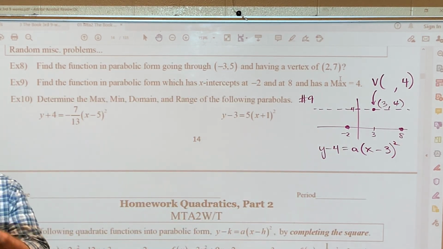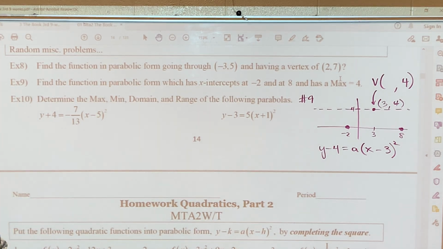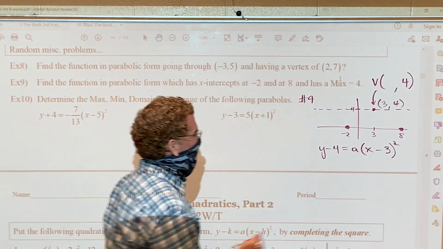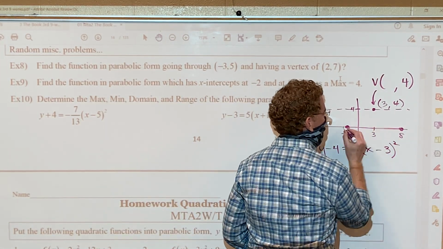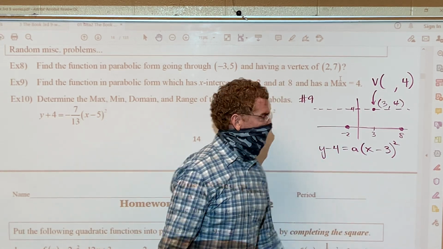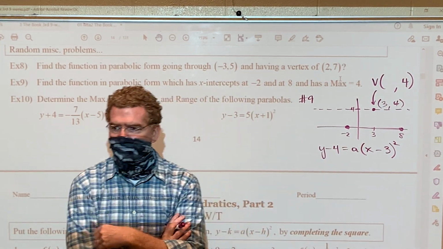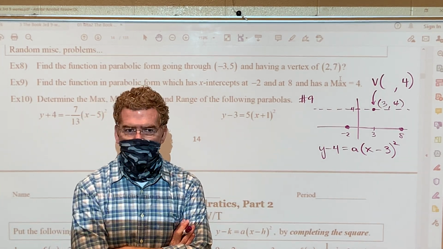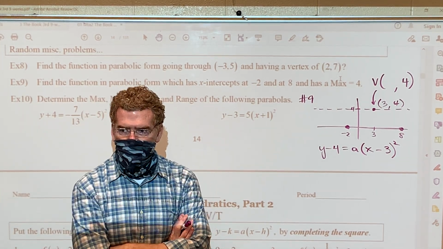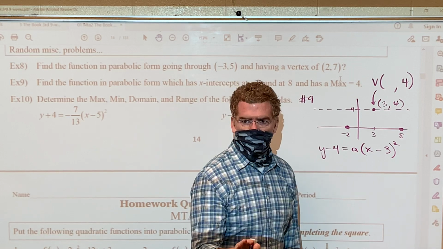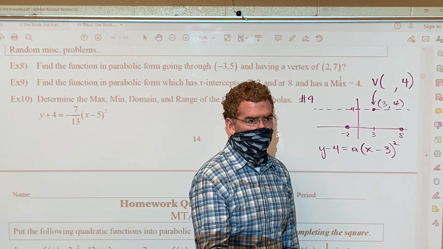A. Now let me show you what a ton of people do wrong right here. They go, oh, I know my latus rectum's 10. It's tempting to look at this and go, oh yeah, that's my latus rectum right there, and that's a length of 10, and that must be the focus right there. Is that true? Could be. How can you tell if it's true or not? If it was true, the length would be 10, right?